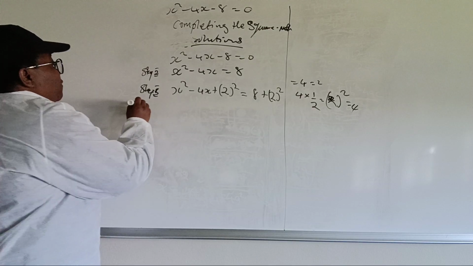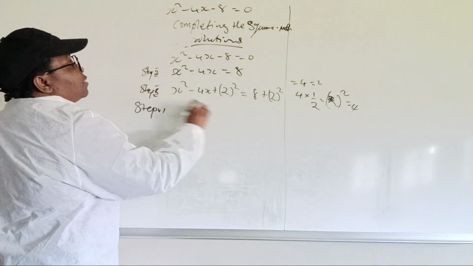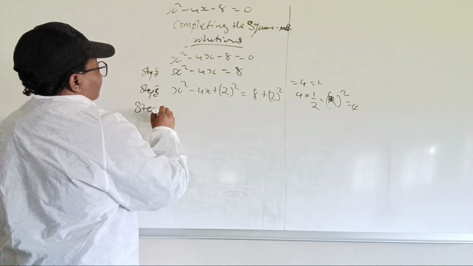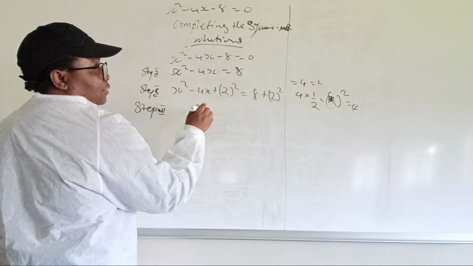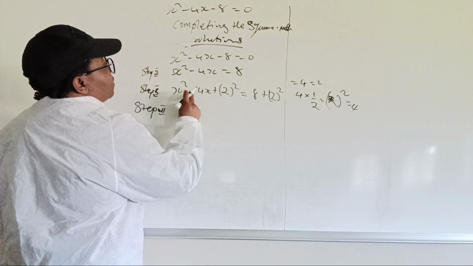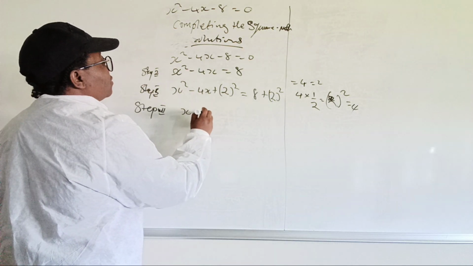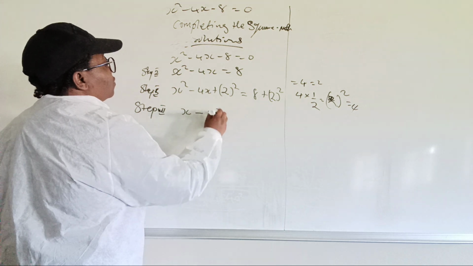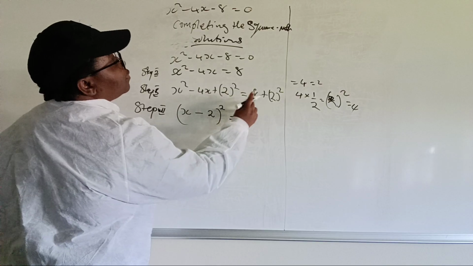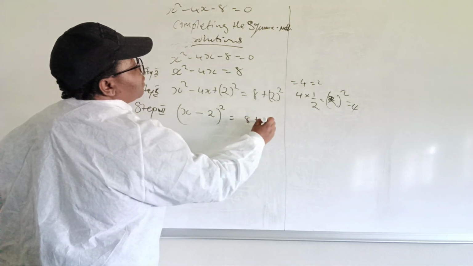The next thing is step 4. What do I say in step 4? I say expand. And what do you do in expansion? You have x. This is a minus, this is a plus. Minus is heavier, so we have x minus 2, squared. This right side we can just solve as 8 plus 4.